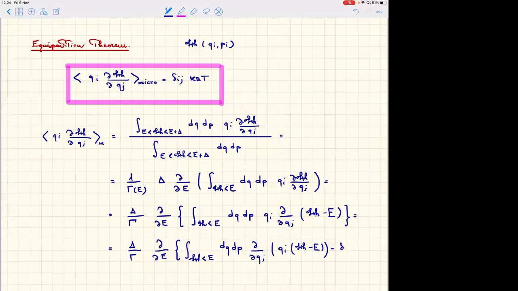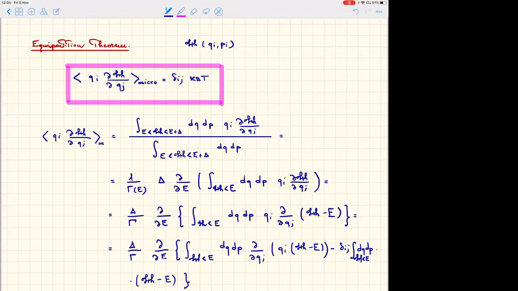That gives me delta ij, and then the integral over H smaller than E of dq dp, times (H minus E). All right, so now, sorry, yes.